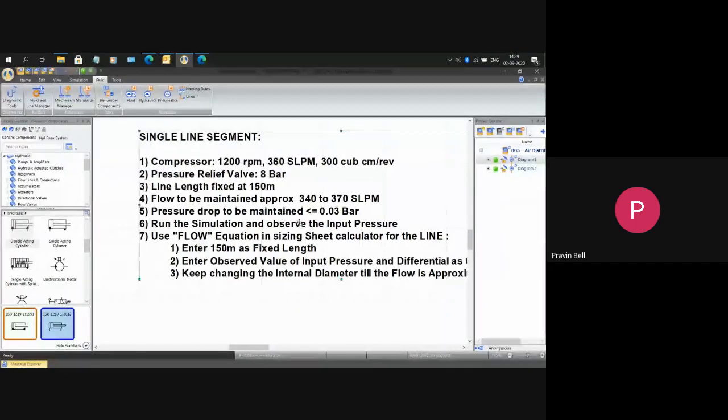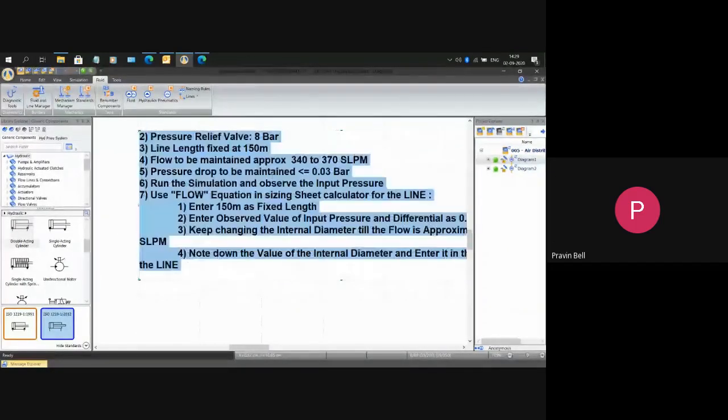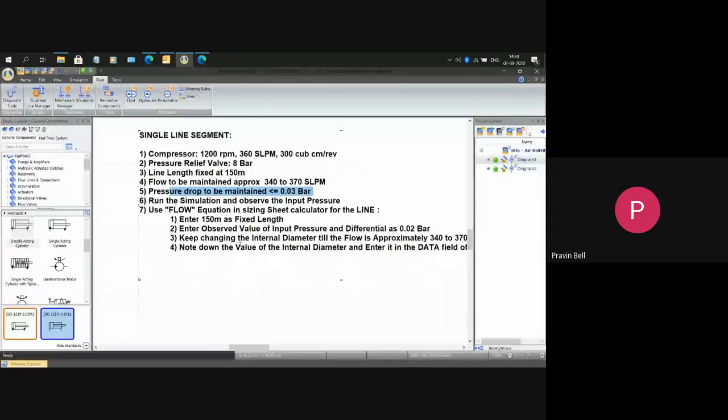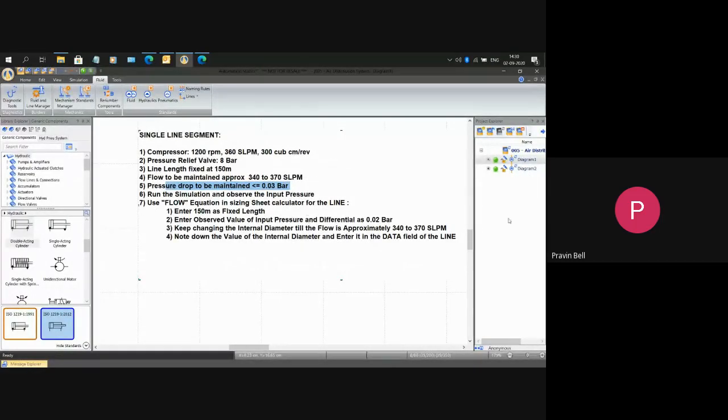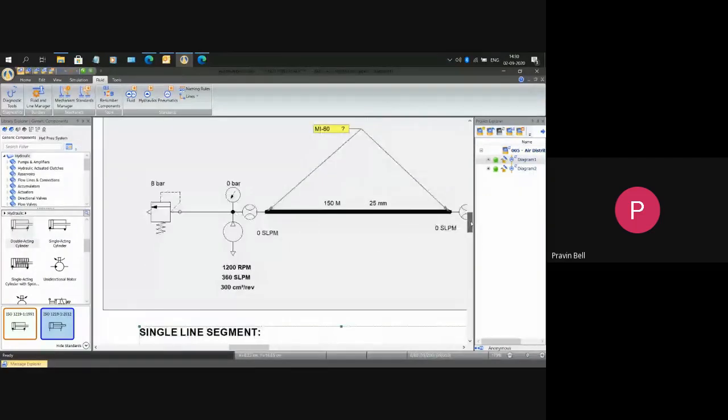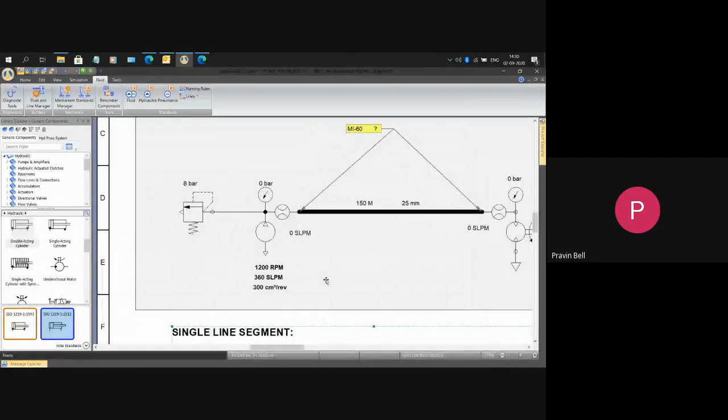That, for example, pressure relief valve should have typically a 8 bar pressure here. Then the pressure drop to be maintained is 0.03 bar on the main line. So these definitions have already been specified by the textbooks. Using these specifications, we can go ahead and build a particular circuit.